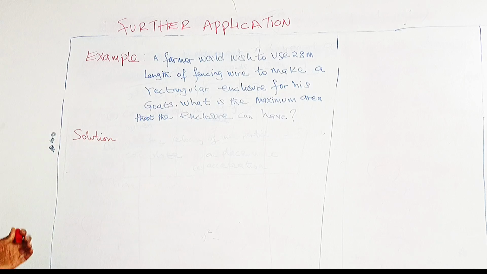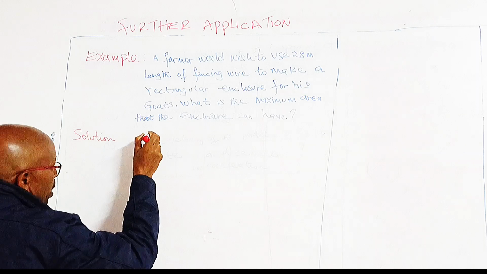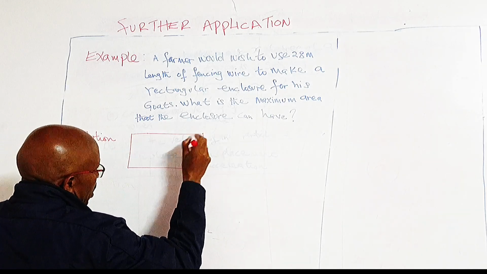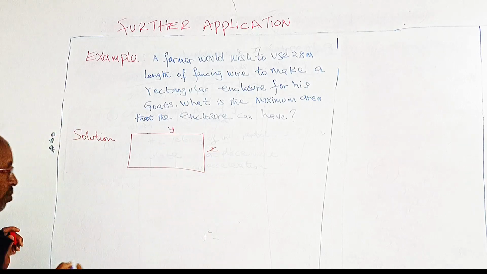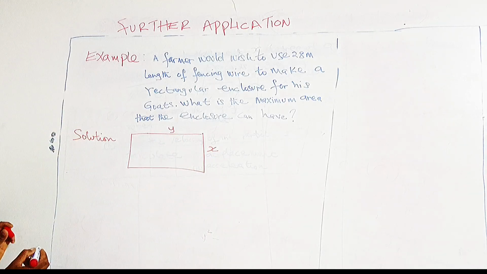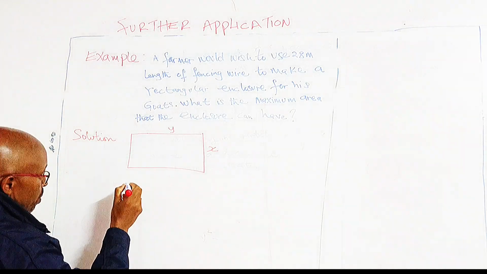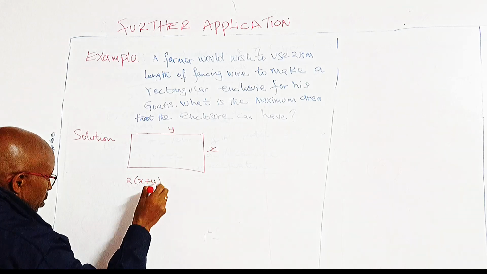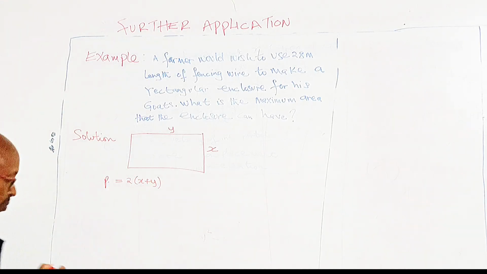Let the perimeter of the enclosure have length x and y, such that the perimeter of the enclosure will be 2(x plus y). That is the perimeter.